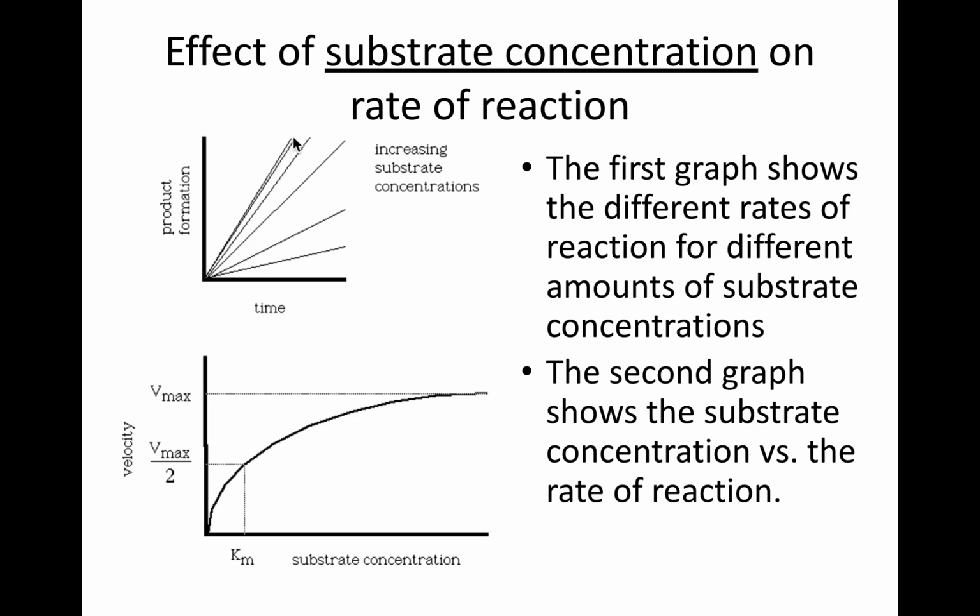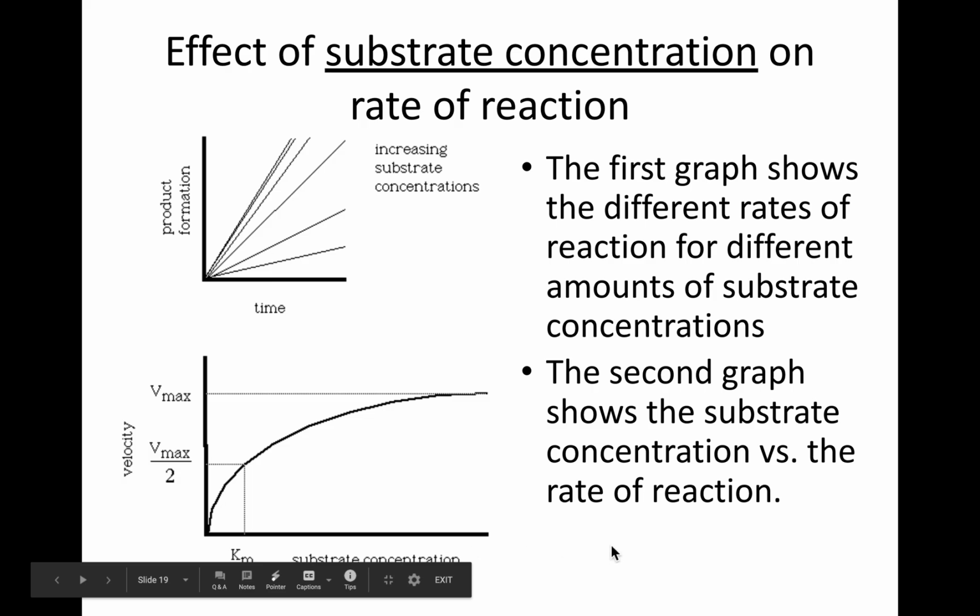I'm assuming for these first lines up here, there was less substrate at those times, so they got more product from it. But as more substrate was added, it decreased how much product formation occurred. So I bet this line here had a lot of substrate. If it was labeled, there'd be too much and it was saturated.